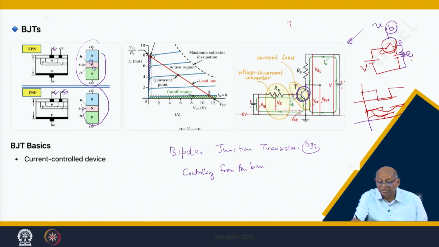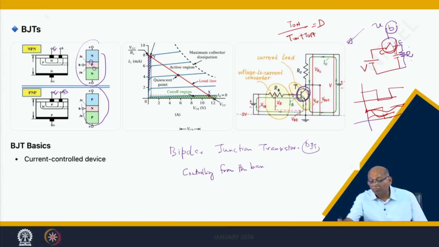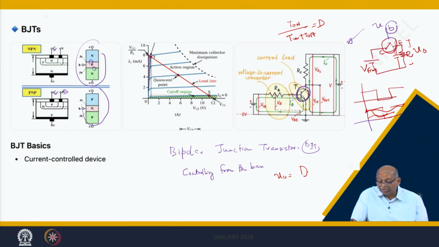Duty ratio is called T on divided by T on plus T off. That is the transistor on-off time. So this duty ratio D. If the input voltage V is fixed, then the average output voltage is equal to the duty ratio times the V input.